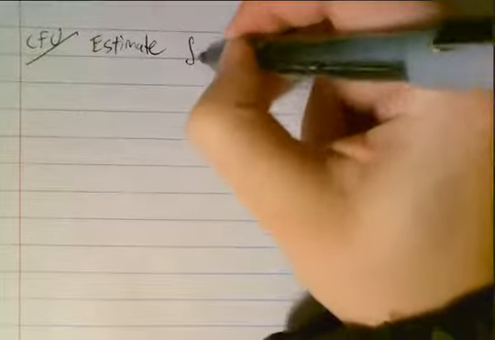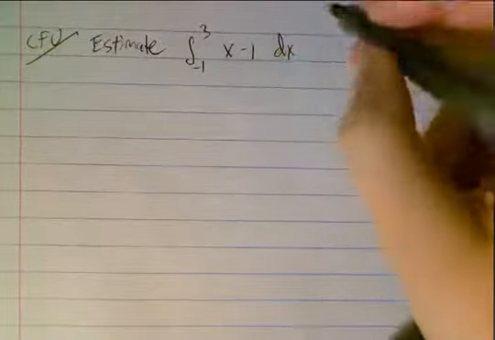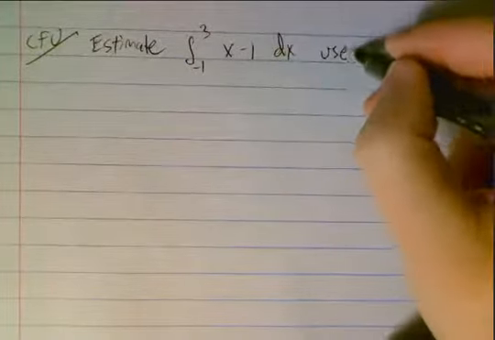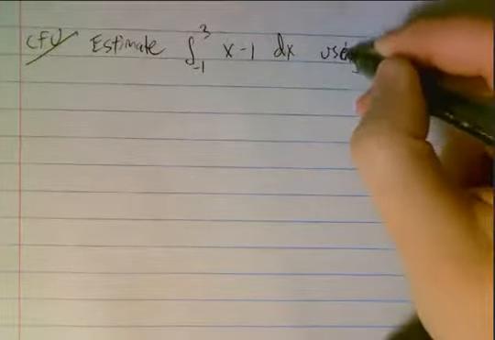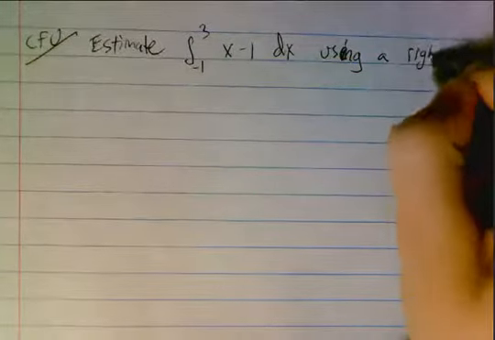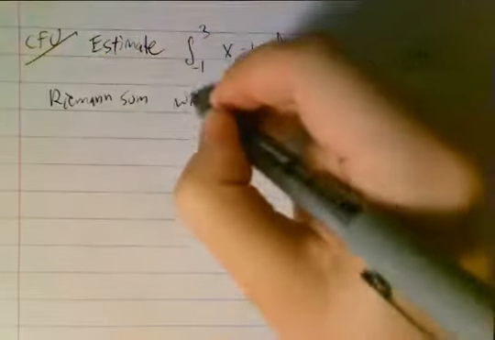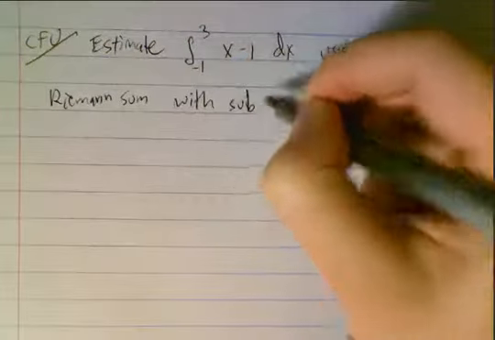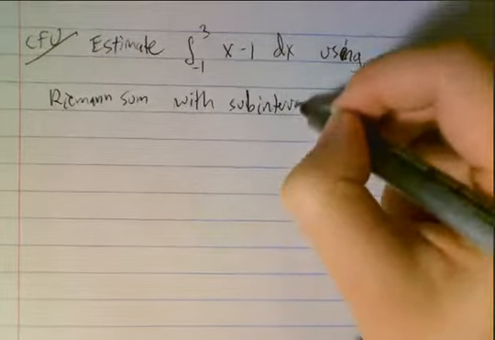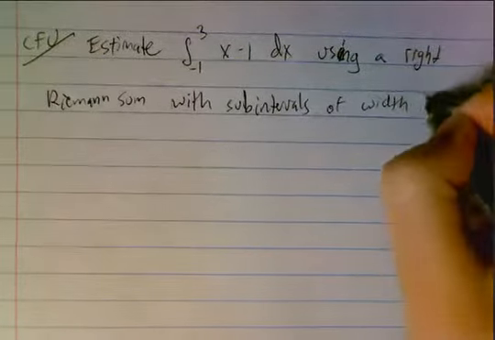So for your check for understanding problem, try this one on your own. Estimate the integral from -1 to 3 of x minus 1 with respect to x. I want you to use a right Riemann sum with subintervals of width 1.